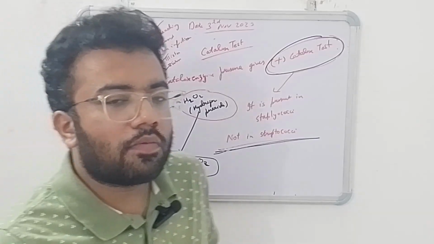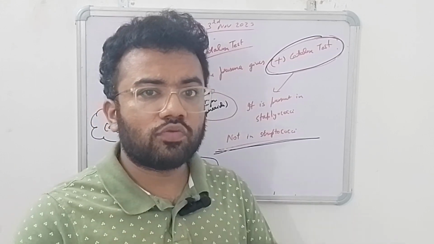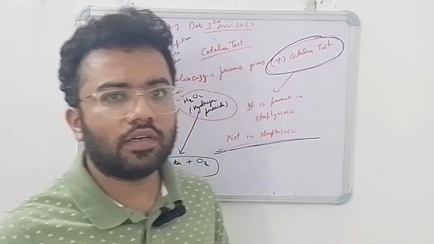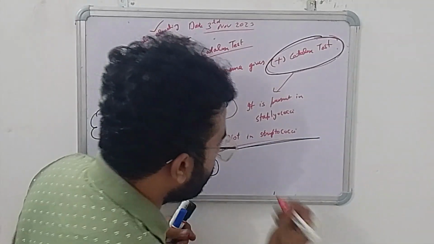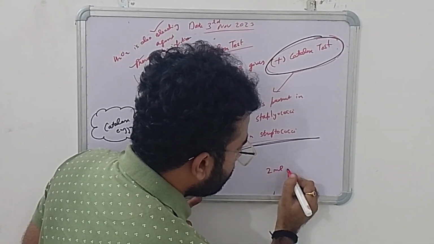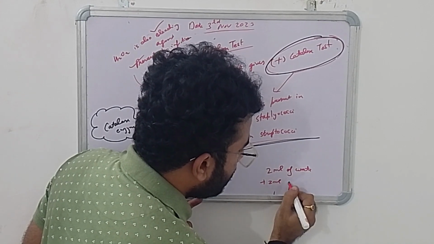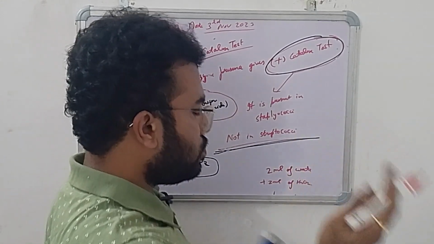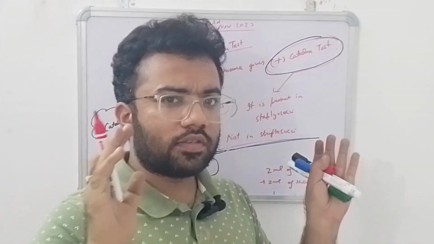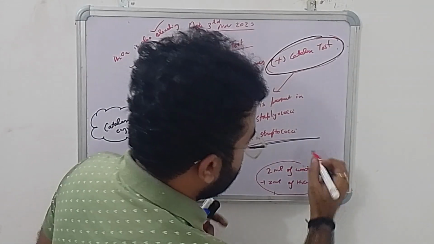It can also be used as a mouth rinse. You don't have to swallow it, you just have to gargle it with an equal amount of water. For example, you are using 2 ml of water plus 2 ml of H2O2. So if you are using 2 ml of H2O2, you have to take exactly the same amount of water, and you can do a mouth rinse.